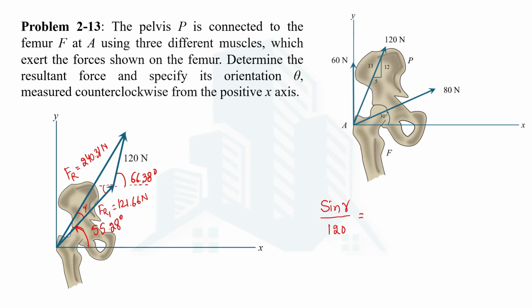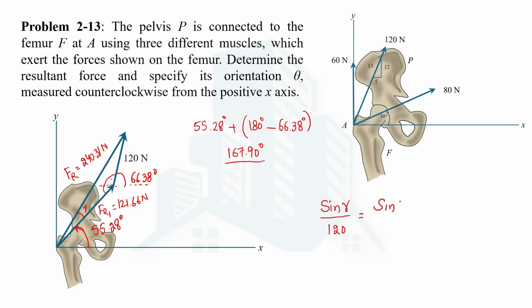So if we subtract 66.38 from 180, then we can determine this angle. So 55.28, which is this angle, is to be added with this angle from here to here. This can be determined by simply subtracting 66.38 from 128 degrees. Simplifying this, we get the angle between these two forces, the FR1 and 120 Newton, as 167.90 degrees.